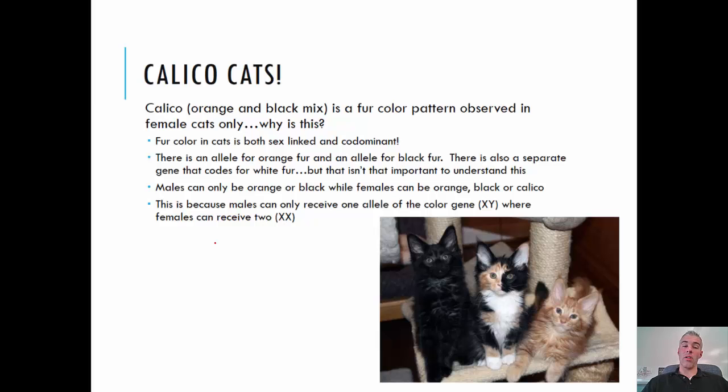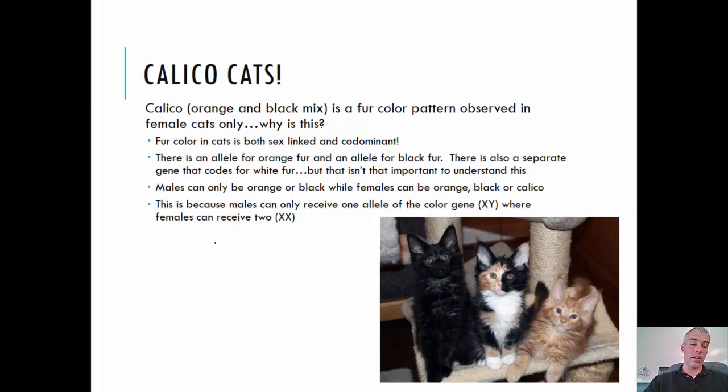So males can only be orange or black because they only have one copy of the X, where females can be orange and black. They could still be orange or black if they're like X big A, or X little a, right? But in this case, it would be an example of codominance, right?